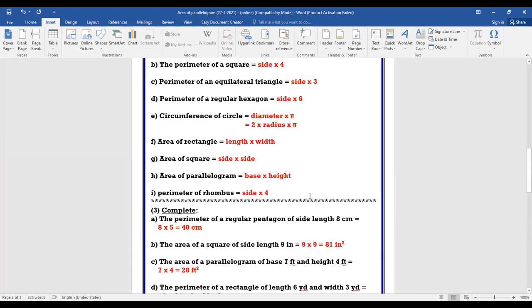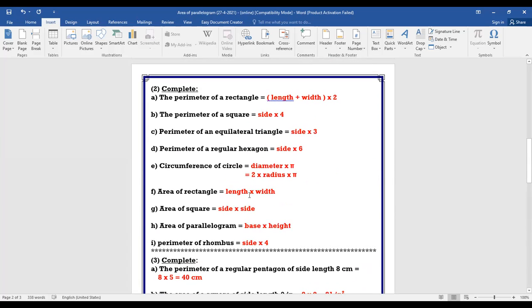These are all the formulas we took in the perimeter and in the area. Again, perimeter of a rectangle: length plus width multiplied by 2. Perimeter of a square: side multiplied by 4. Perimeter of an equilateral triangle: side multiplied by 3. Perimeter of a regular hexagon: side multiplied by 6, because in the hexagon we have 6 sides.